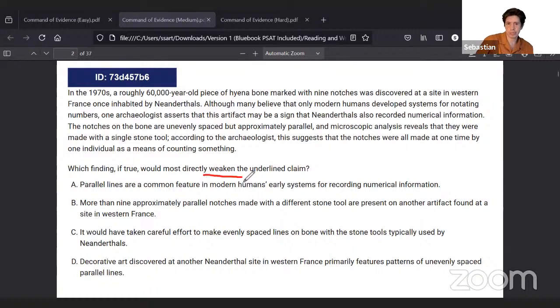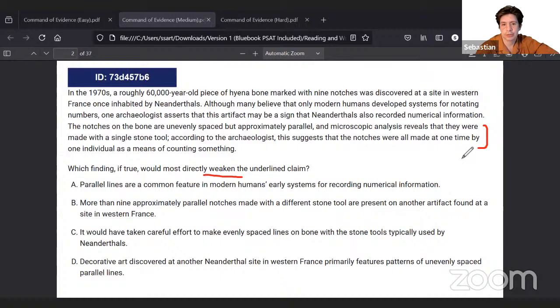So again, we're trying to weaken the claim, not strengthen it. So the claim is going to be, interestingly, for some reason, this isn't underlined, but I believe it's the final part. And the bone are unevenly spaced. So this suggests that notches were all made at one time by one individual.